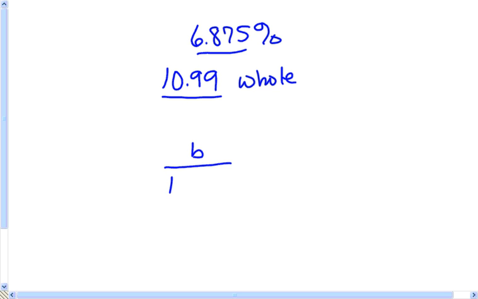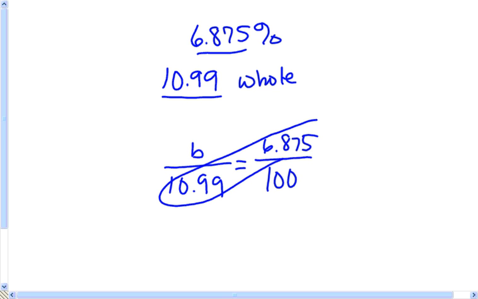B over 1099 is equal to 6.875 out of 100, since the 6.875 is the percent. And to find the answer, we would take 1099 times 6.875 and then divide that by 100.